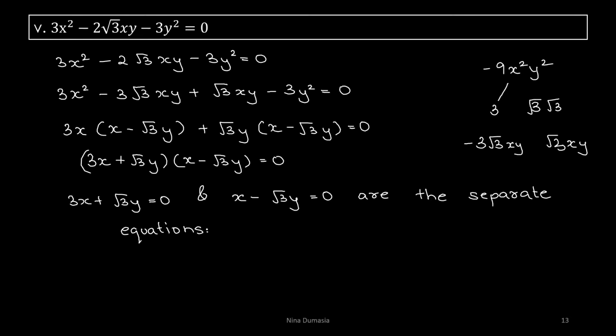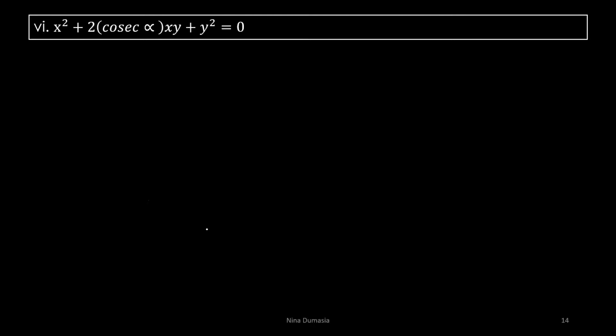Let us do the next part now. We have x square plus 2 cosec alpha xy plus y square.